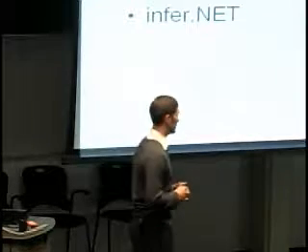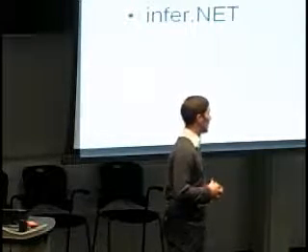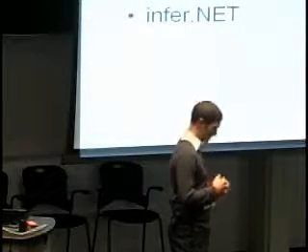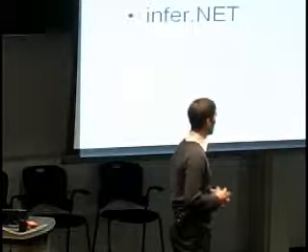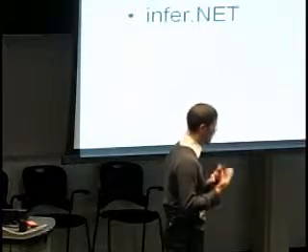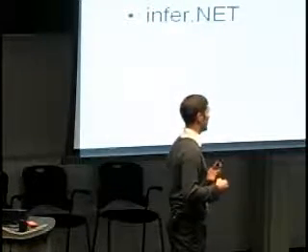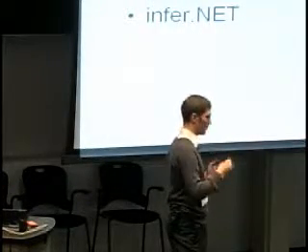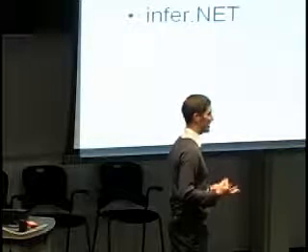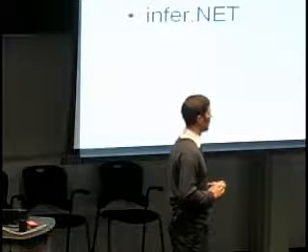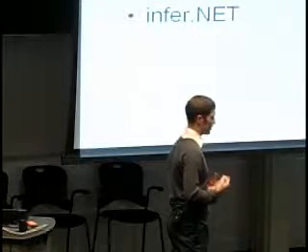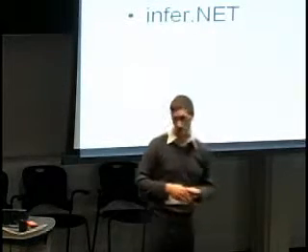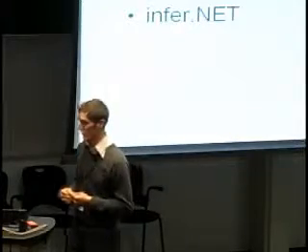Right. So what we're looking at now is using Microsoft's Infer.NET to start modeling weight status and the impact of the energy intake and expenditure variables on weight status. I'm sure a few of you are aware of what Infer.NET is.